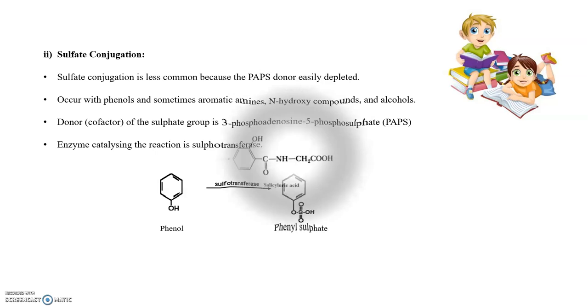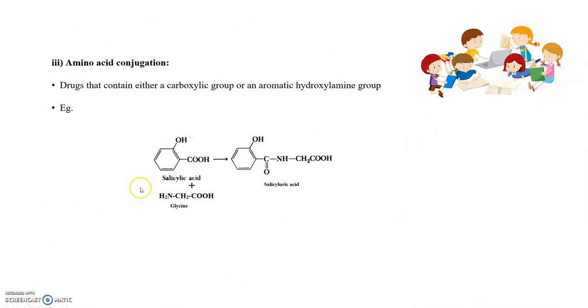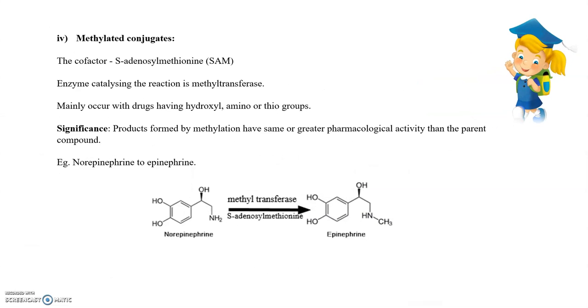And the third one is a simple one. It is being conjugated with the amino acids in our body. Okay, so an amide linkage is created and it is made more polar, water soluble, inactive, and it's eliminated. And the next one is methylated conjugates. Who is donating the methyl group here?